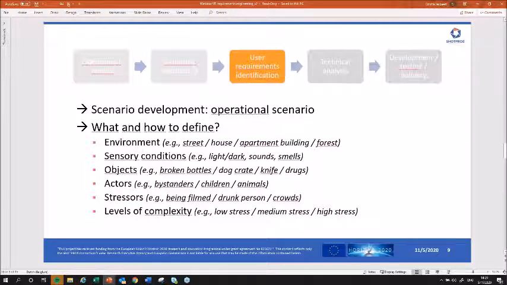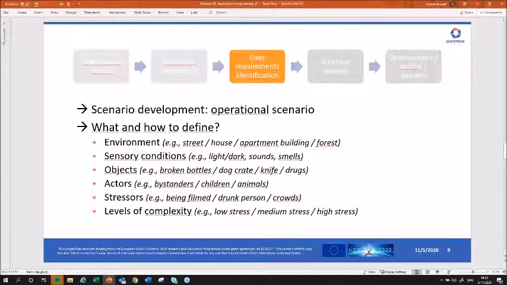And then very important for our project, but also for other training, is what kind of stressors we want to include. You can have a very basic scenario of domestic violence where police officers come in and they see two people shouting at each other, and they talk to them and they calm down, and you take them with you to the bureau.